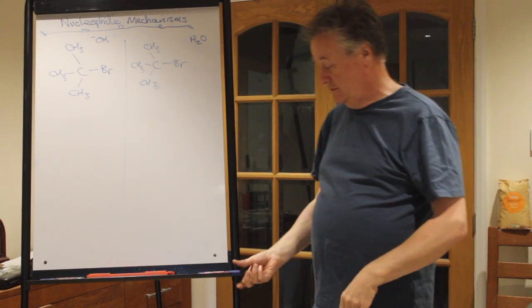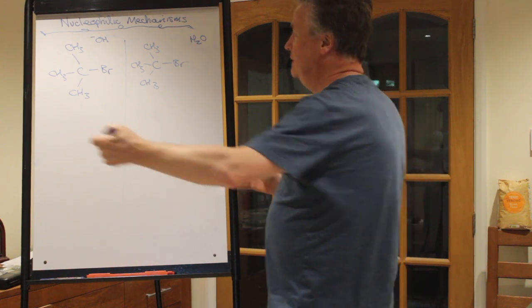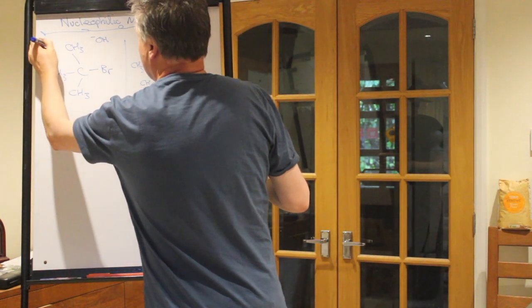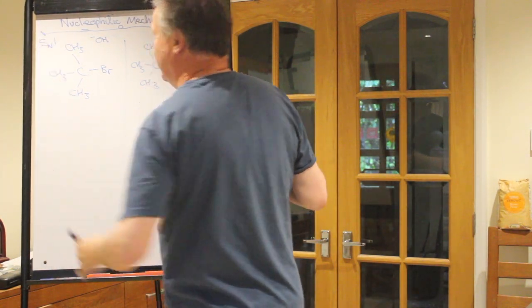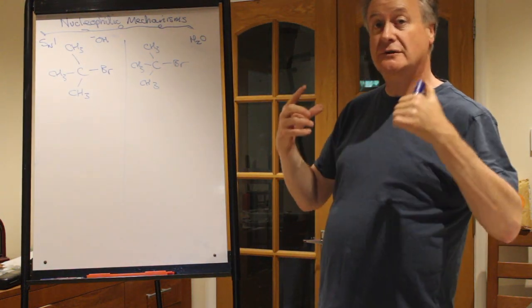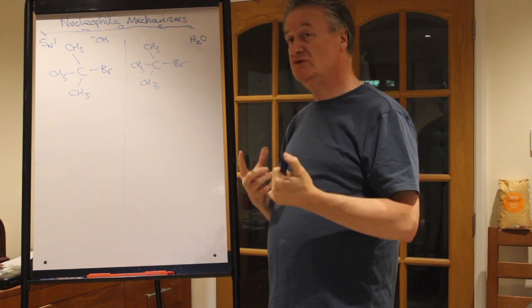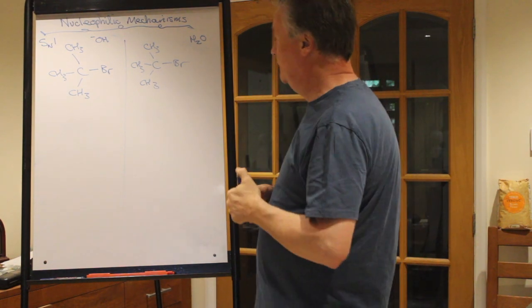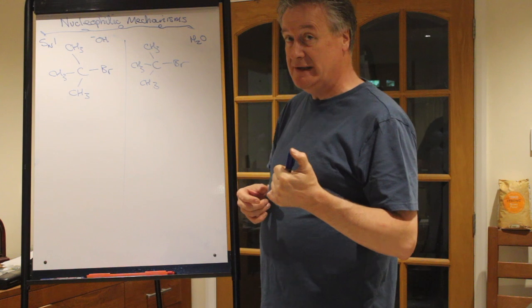So, that was SN2. Here is what is termed SN1. S and N stand for the same thing. The 1 refers to the fact that the process is controlled by only one chemical in terms of rate.